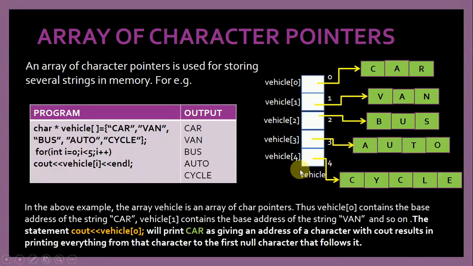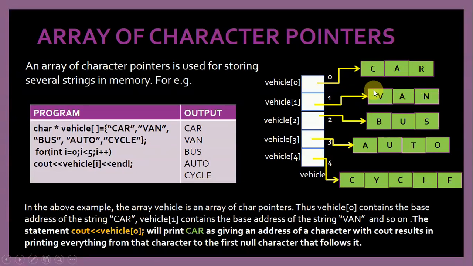As I am storing 5 elements in it, there will be 5 elements from 0 to 4, and each element contains the address of the respective strings. So car will be stored somewhere in memory, and the beginning address of car, that is the address of C, will be stored in vehicle 0.